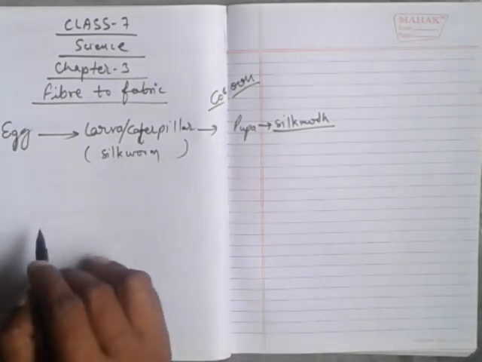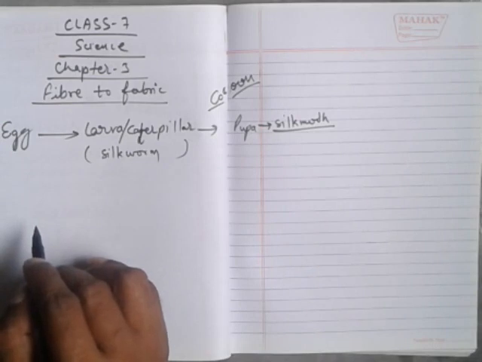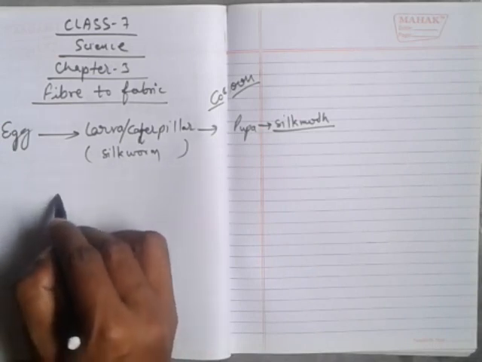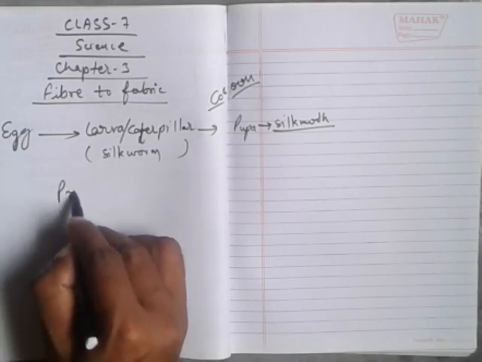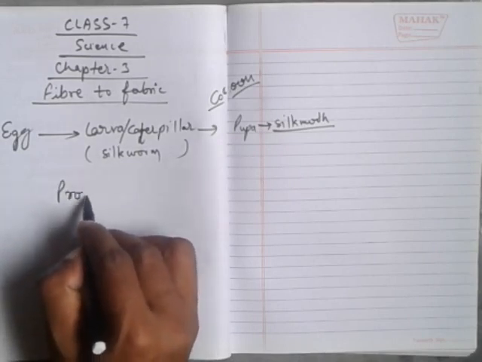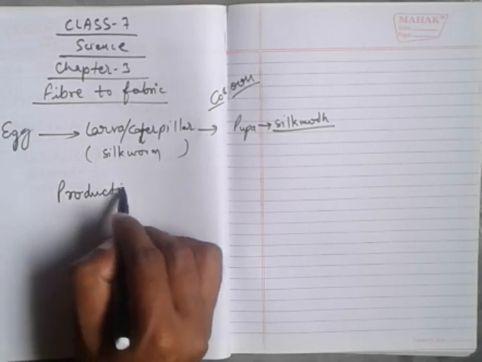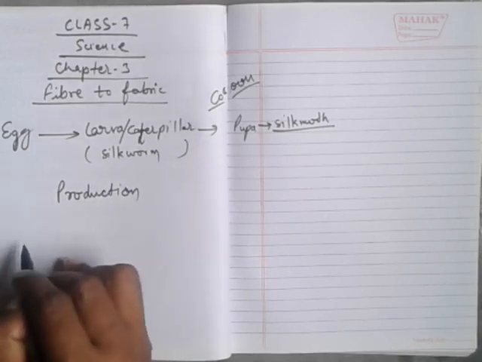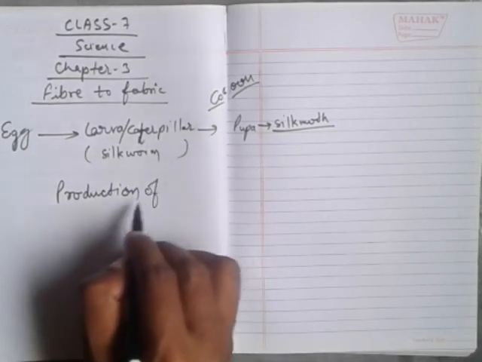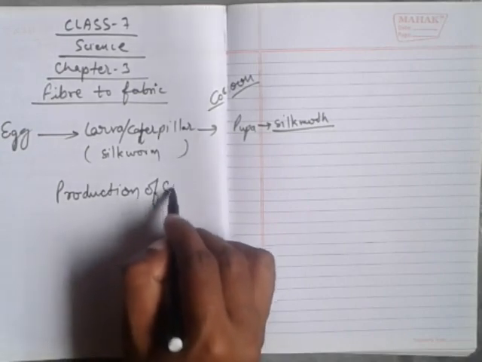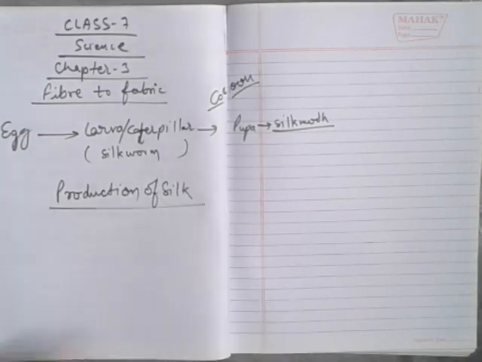Continuing this chapter, if you want to produce silk in large quantity, what steps should we follow?